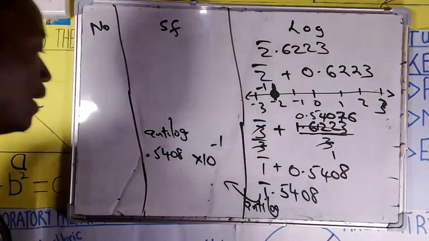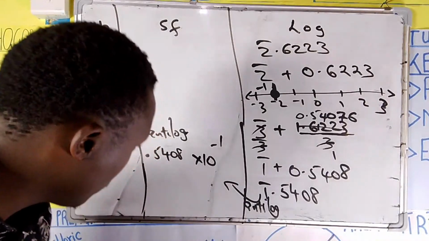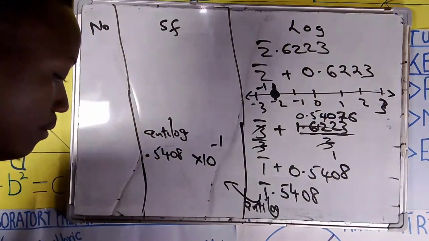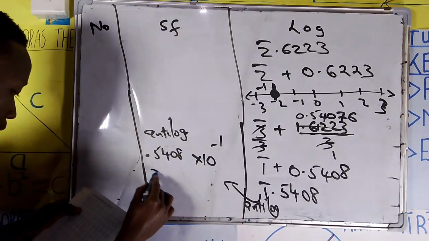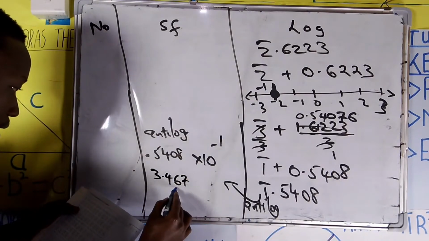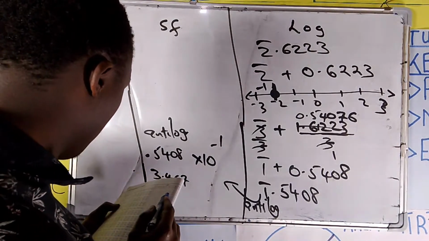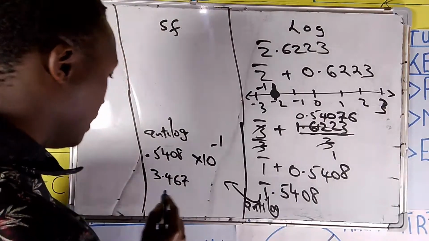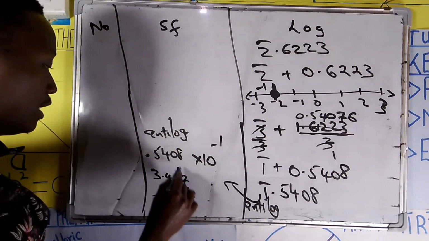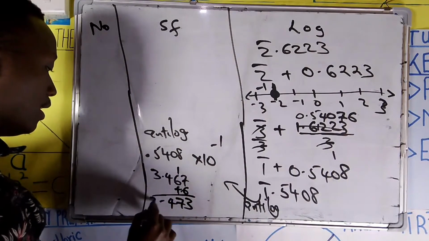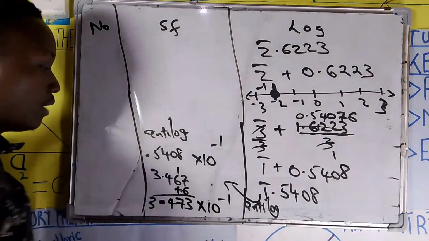When we do that, going to the mathematical table, we look for the antilog of 0.540 and we get 3.467, then 8. The 8 at the end, we add 6. 7 plus 6 is 13. 6 plus 1 is 7. 4, 3. So it will be 3.473 times 10 to power negative 1.